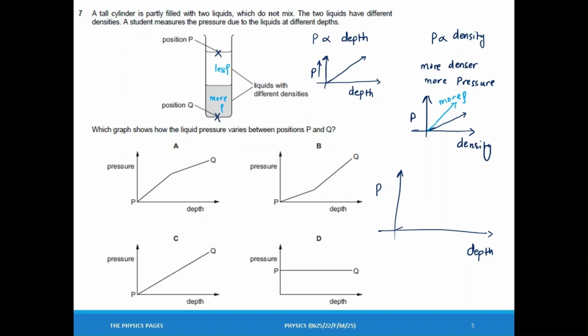First of all, for the liquid with less density, you will see a line, but when the liquid changes, the line will become steeper for the more dense liquid. So this shows that our perfect choice will be option B.